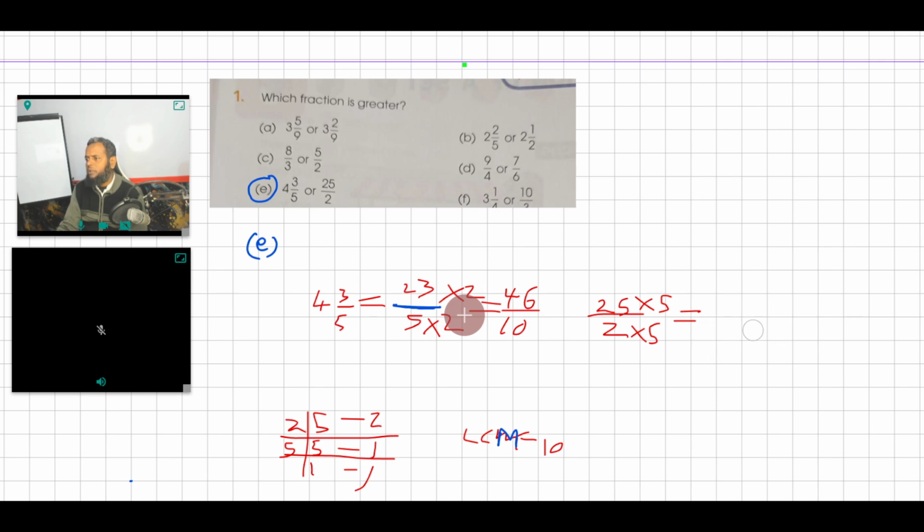Now write again. 25 times 5, what is the answer?